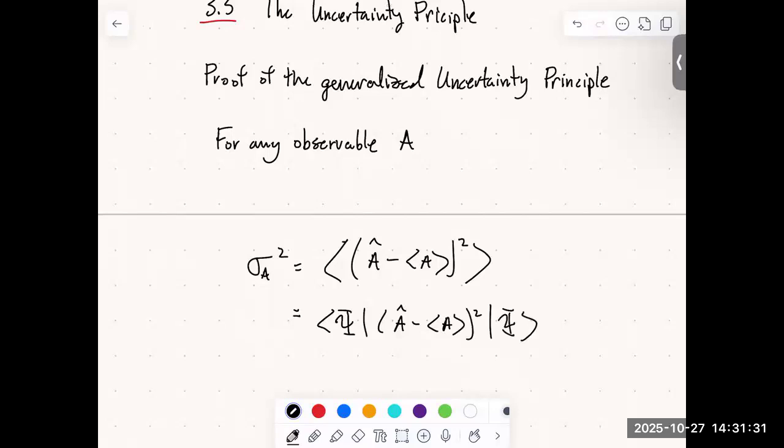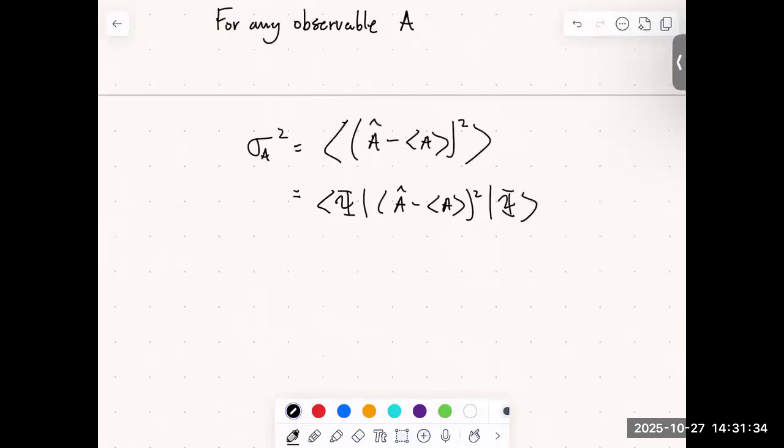All right, so I've got this quantity in the center squared, so we can separate this out and say, well, I'll take one copy and act to the right on psi, and then the other copy will act to the left on the other side.